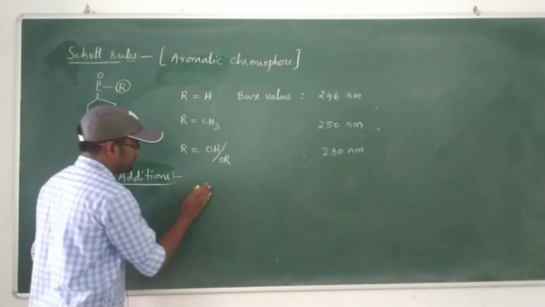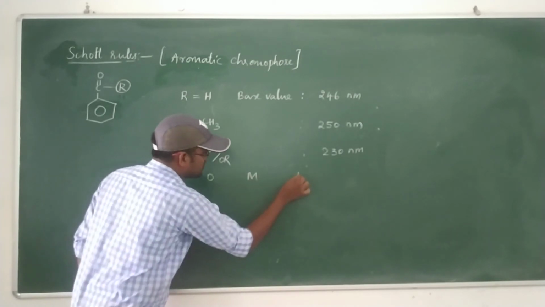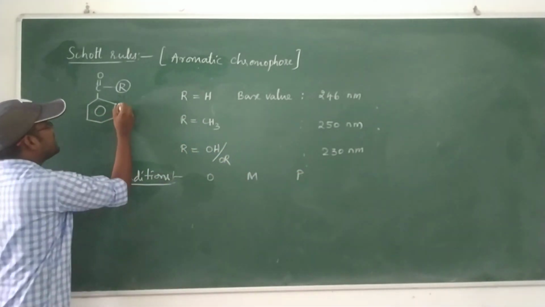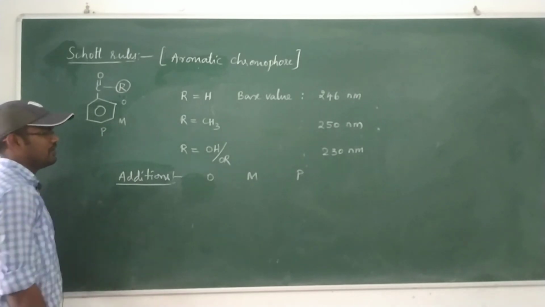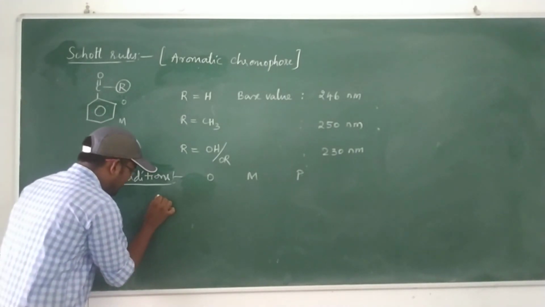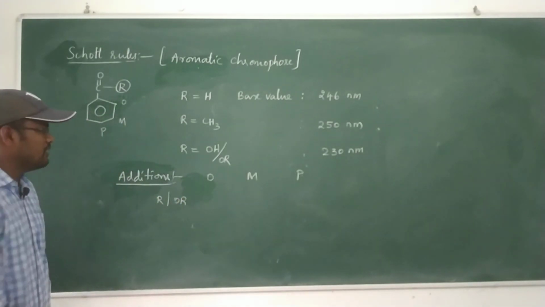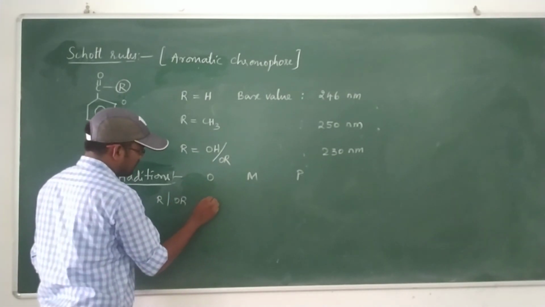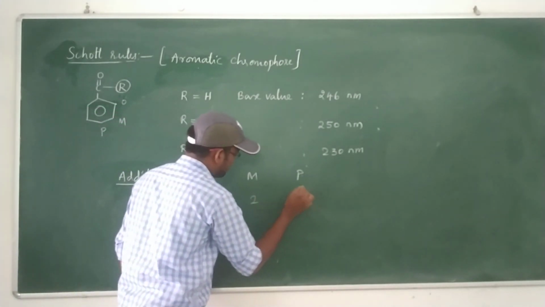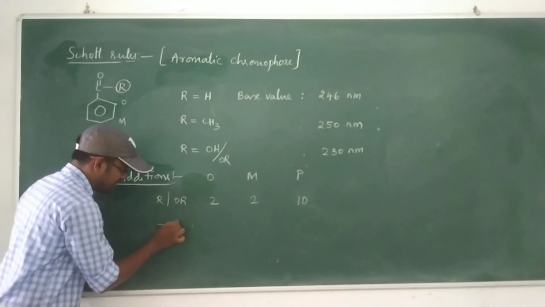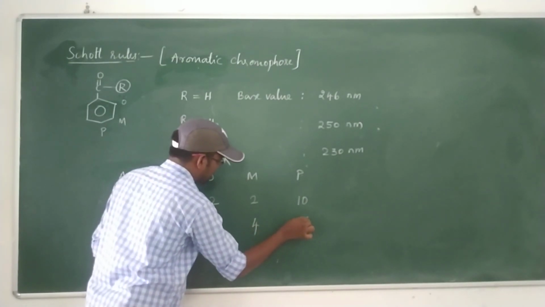The addition values are divided into three types based on positions: the ortho position, the meta position, and the para position. When an alkyl or alkoxy part is present at the ortho position it gives 2 nanometers, meta 2, para 10. An OH group at ortho position 7, meta position 7, para position 25.